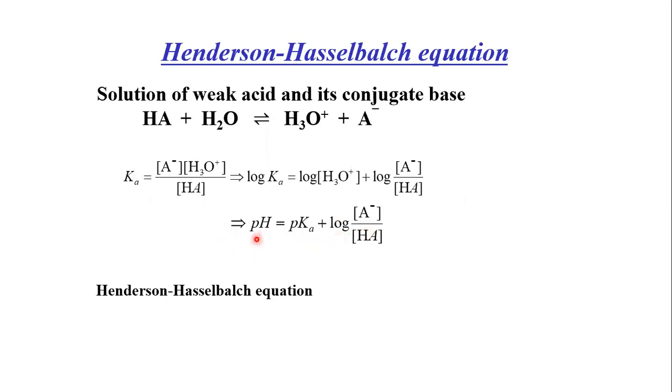Clear? Okay, so this becomes nice when you have both A minus and HA, and we're going to see this when we do the derivation of some acid-base couples, or when we actually calculate maybe the A minus and HA concentration at equilibrium. Then we can use this to get pH, and you will see as I do some problem solving when I use this equation.